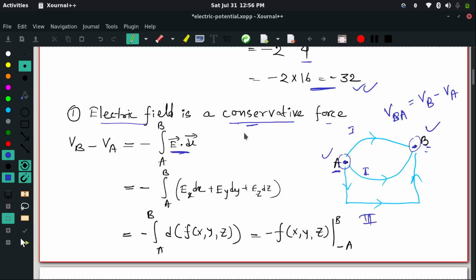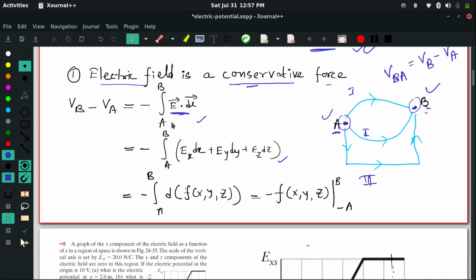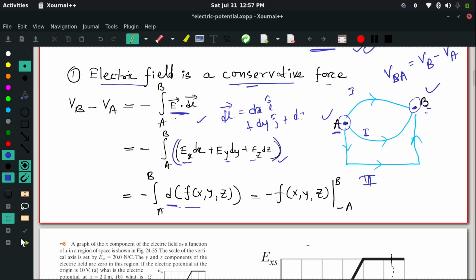I also mentioned that you don't always need to do this integration. You can get rid of that integration if you could write this integrand into some exact differentials. Here I have said my electric field has 3 components, and this dl which I am writing here is also dx i hat plus dy j hat plus dz k hat.